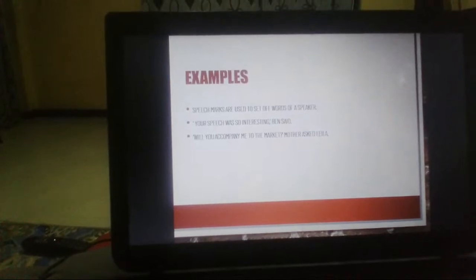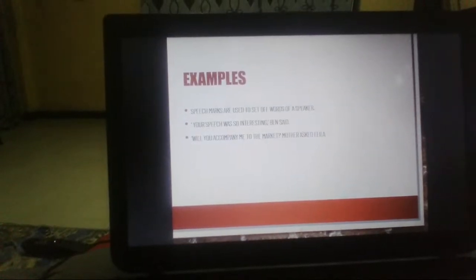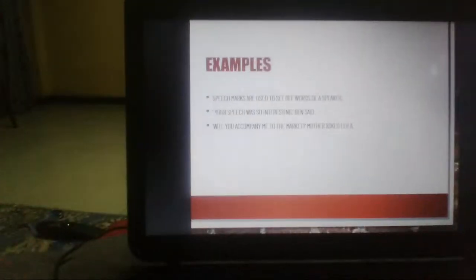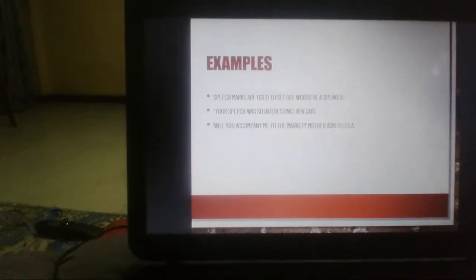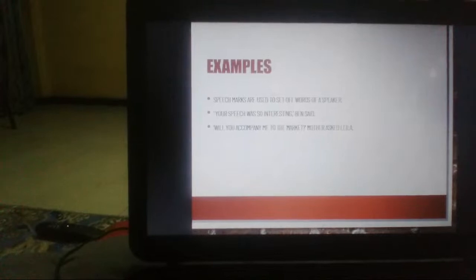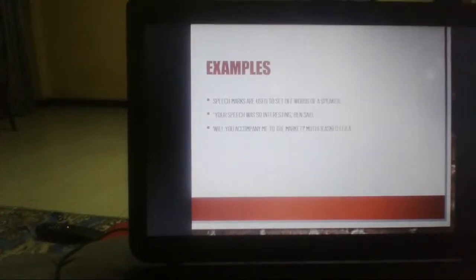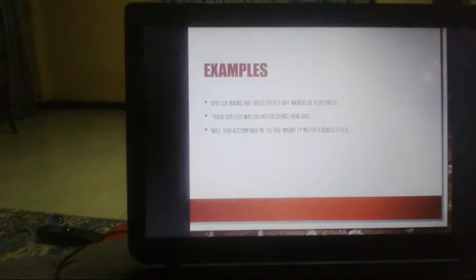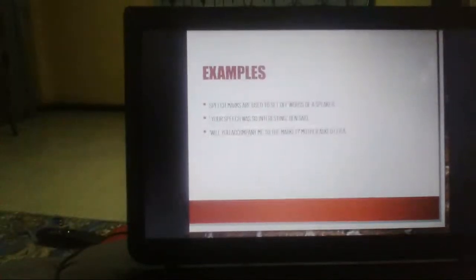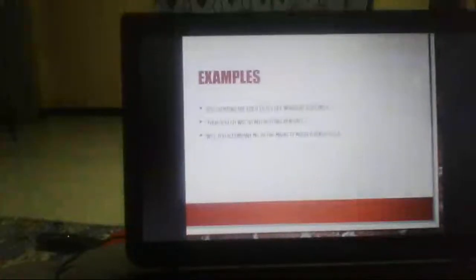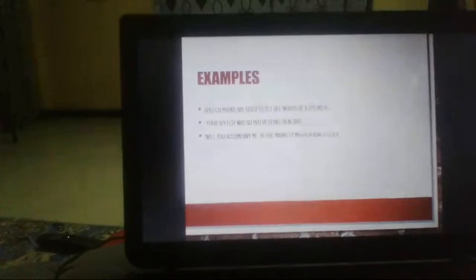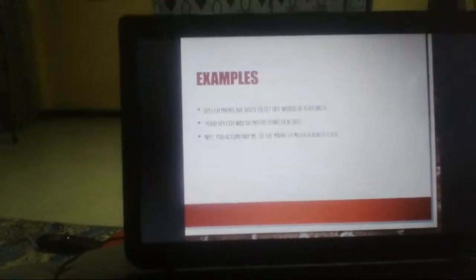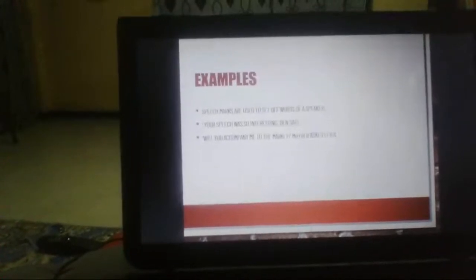Speech marks are used to set off words of a speaker. You have an example there. Your speech was interesting. Those are the words that were spoken by someone. The example: Ben said, "Will you accompany me to the market?" Open quotation mark, will you accompany me to the market? Question mark and close quotation mark. These are just some of the examples that you may have.